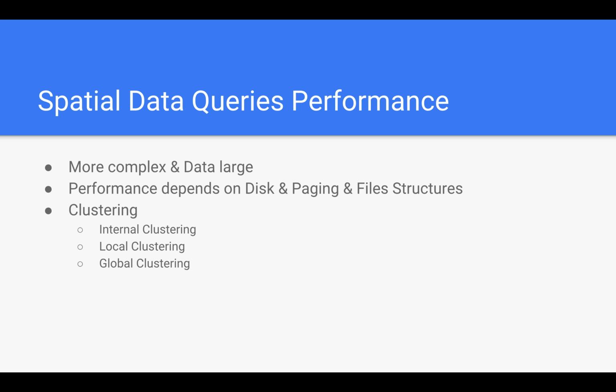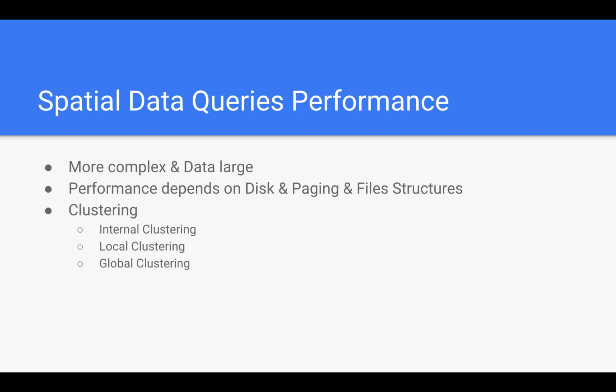And there's a concept called clustering. Clustering is an idea of how objects are stored inside the memory. And there are three kinds of clustering. One is called internal clustering, which means storing the data inside a single page, since the size of the object is less than a single page.